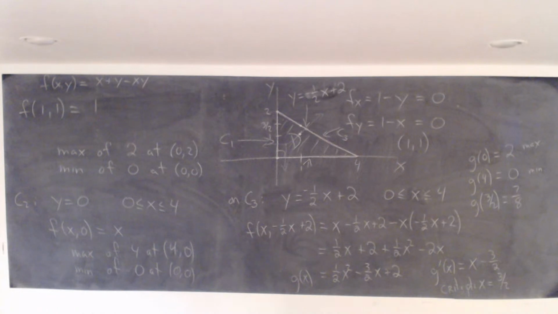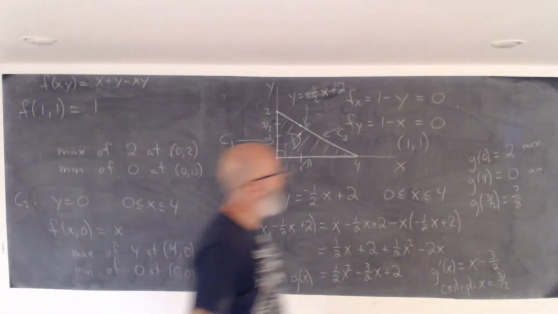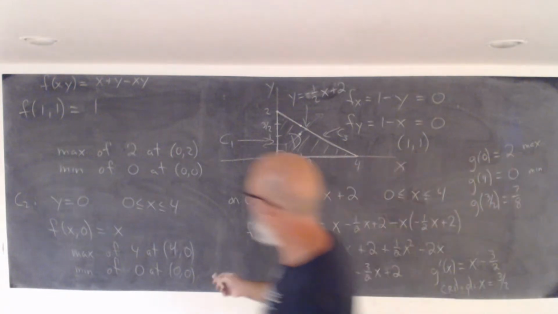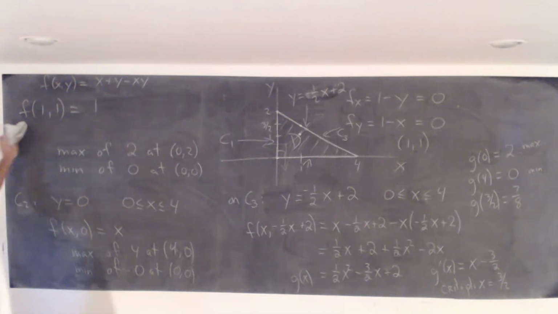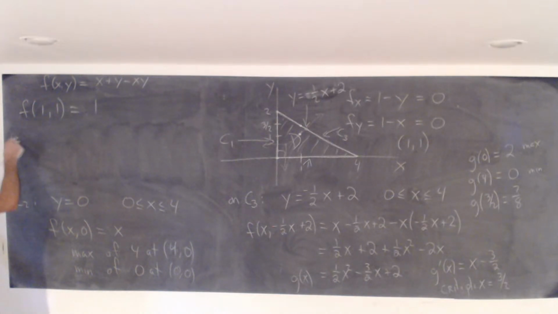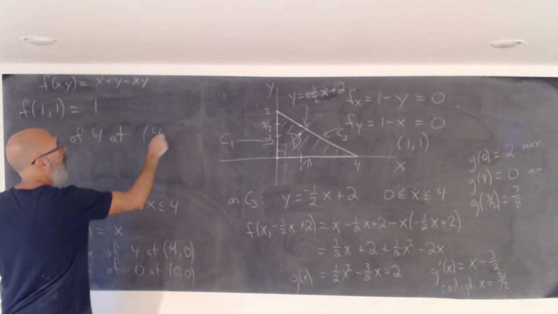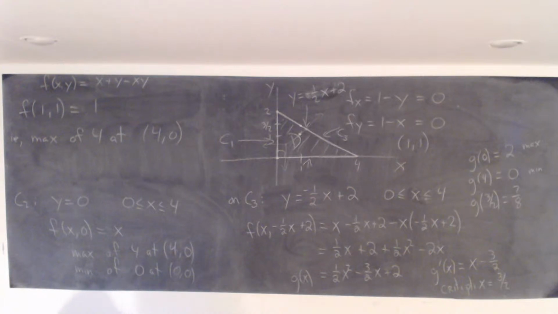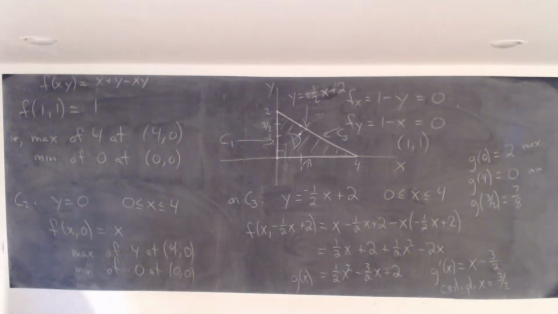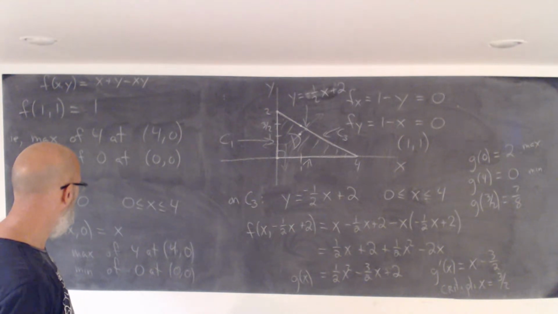So whatever is maximum amongst all those values we found, 1, 2, 0, 4, 0, 2, 0, 7/8, I think it's clear that the maximum is 4 at the point (4, 0), and a minimum of 0 at the origin.